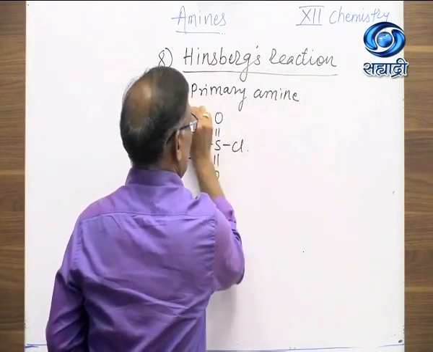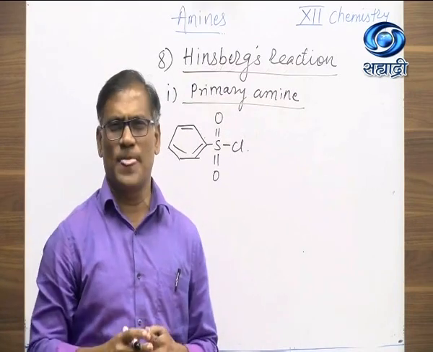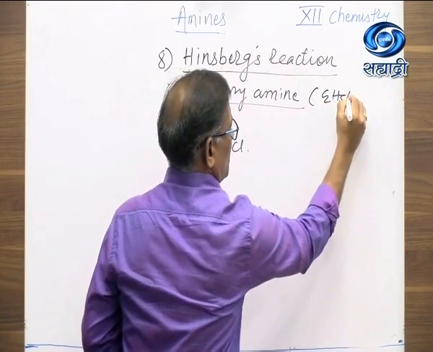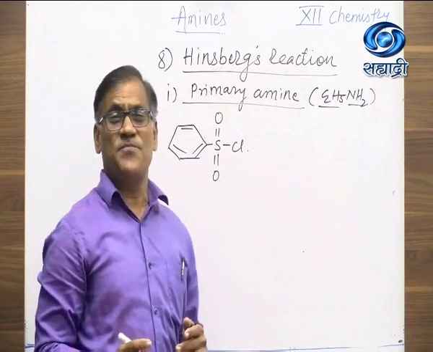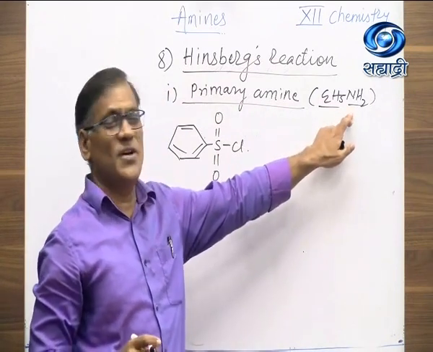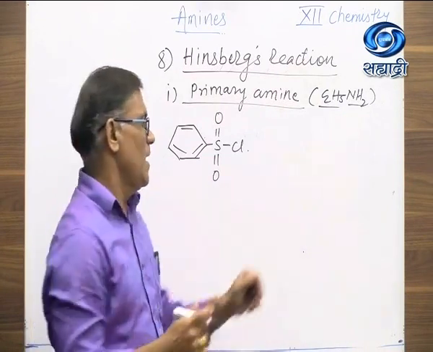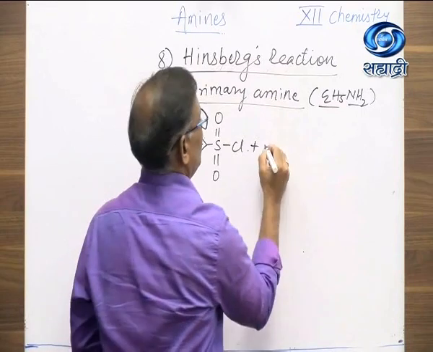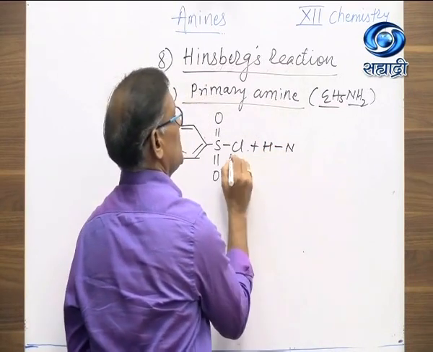You know, in primary amine, alkyl group is attached to NH2 characteristic functional group. For example, C2H5NH2. C2H5NH2 is ethyl amine, which is an example of primary amine because characteristic functional group in this compound is NH2, that is amino group. So I write C2H5 a bit differently here. I write H in front of this Cl so that I can combine this H with Cl.